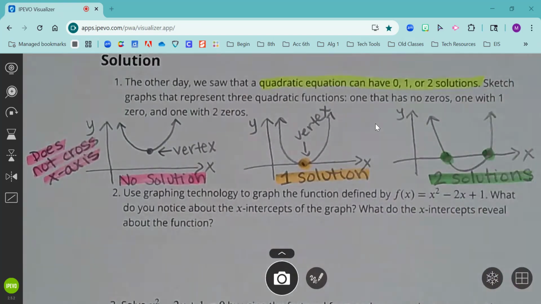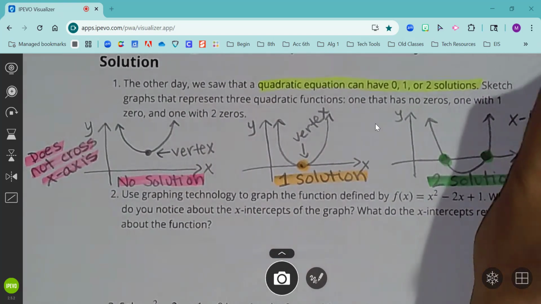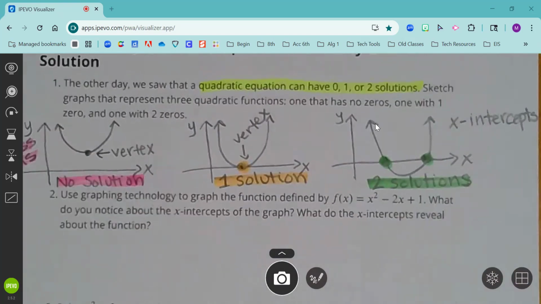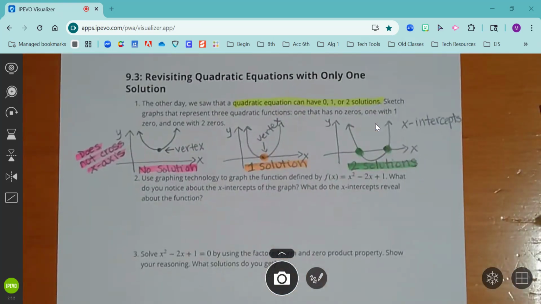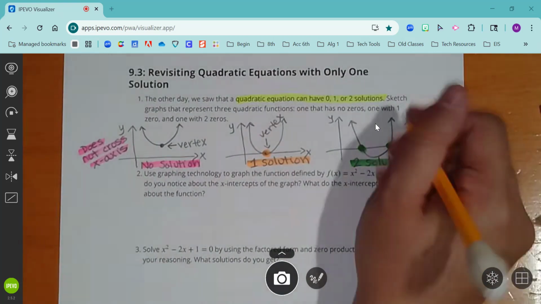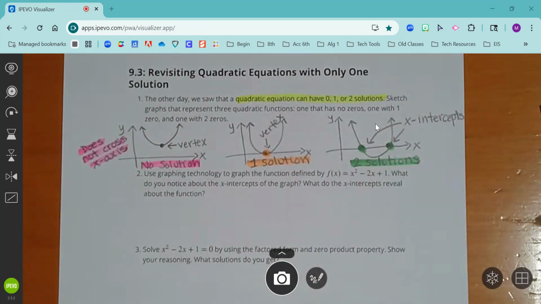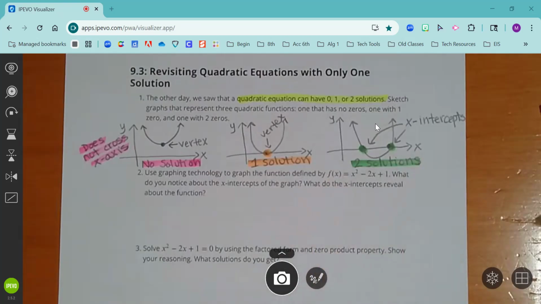And that's actually our x-intercepts right there. So that's our x-intercepts right there. So that's the two solution. We would actually have two x-intercepts.